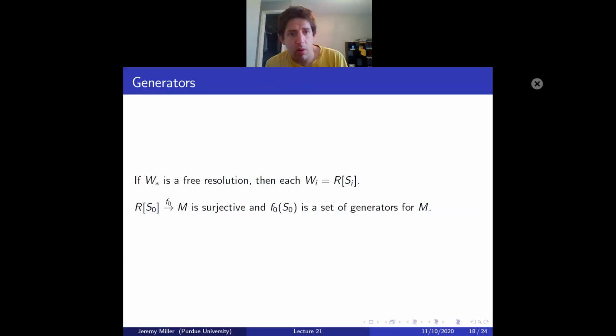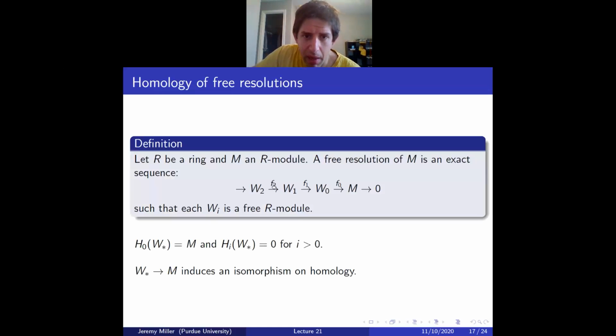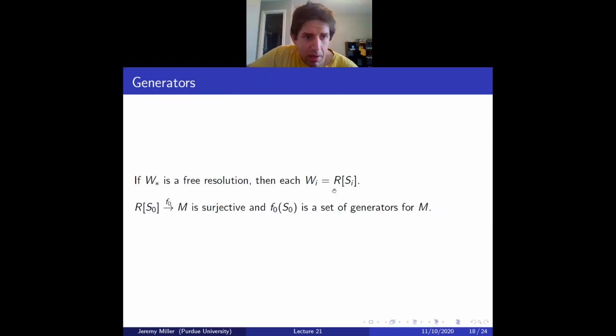Okay, so one thing to say: if you have a free resolution, then what does free mean? It means it's free on a set. If we name the maps, this F0 is surjective.